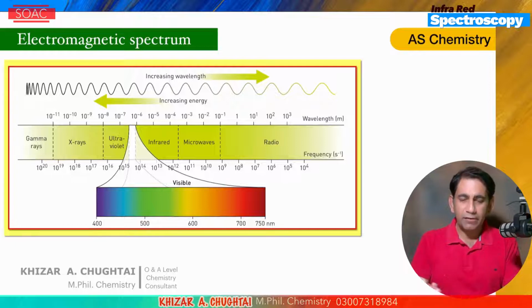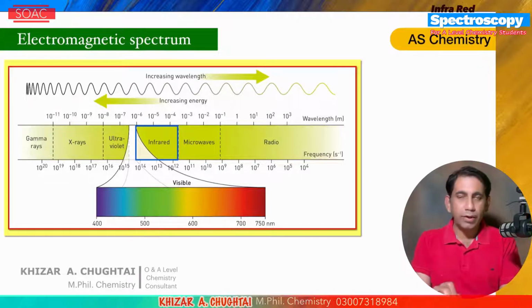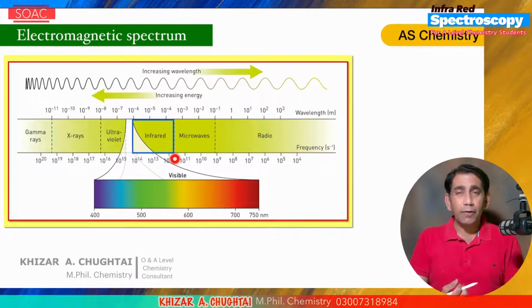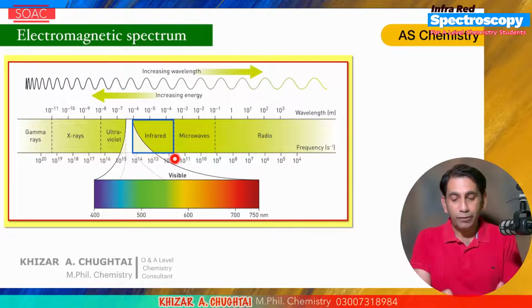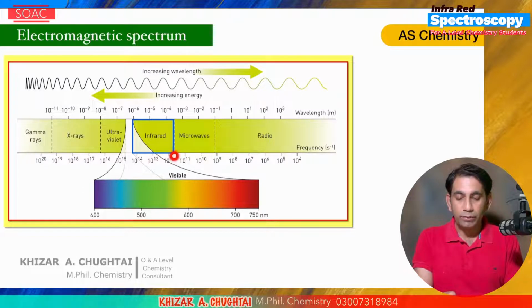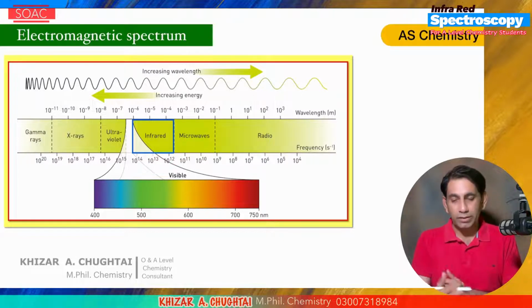The electromagnetic spectrum has different sorts of radiation, in which there are gamma rays, X-rays, ultraviolet, visible rays, microwaves, and radio frequency rays. Infrared radiations are part of this spectrum, and their frequencies start from 10 raised to power 12 to almost 10 raised to power 14 and so on.